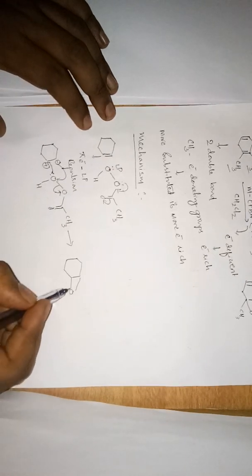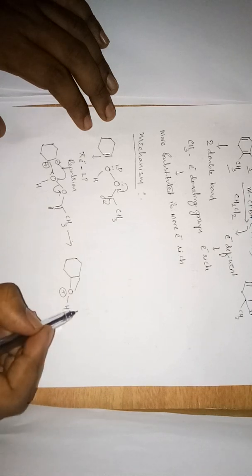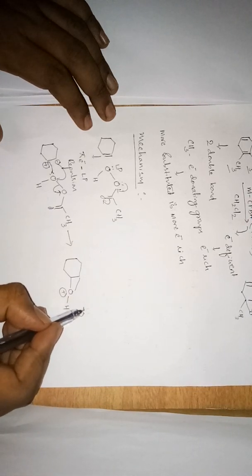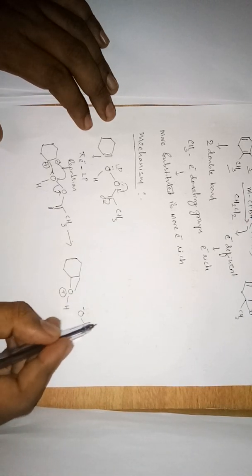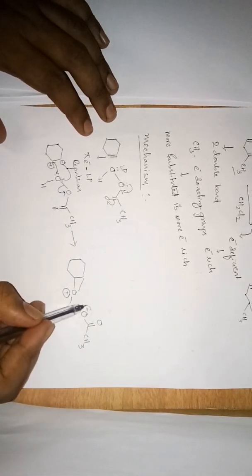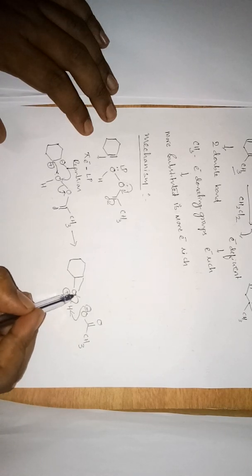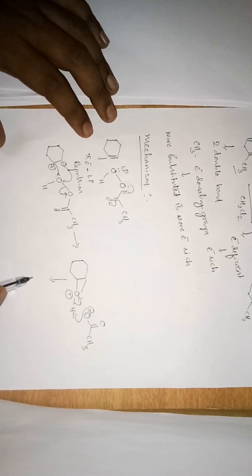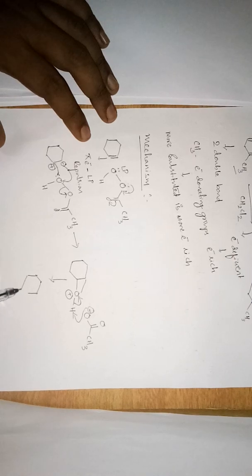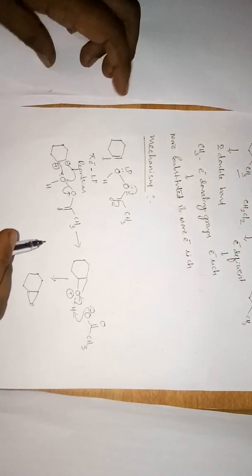Here also there is an H, there is a plus. Here we have minus, double bond, CH3. So this minus needs a positive, so it will abstract a proton and neutralize the positive charge. So you will get an epoxide. So this is how the reaction mechanism will work.